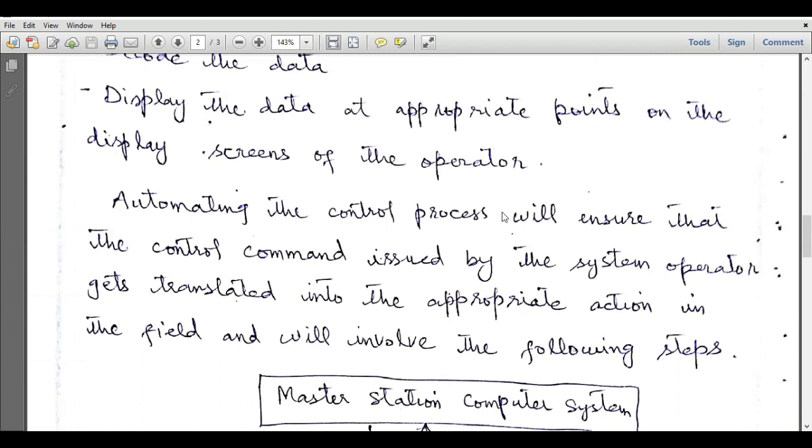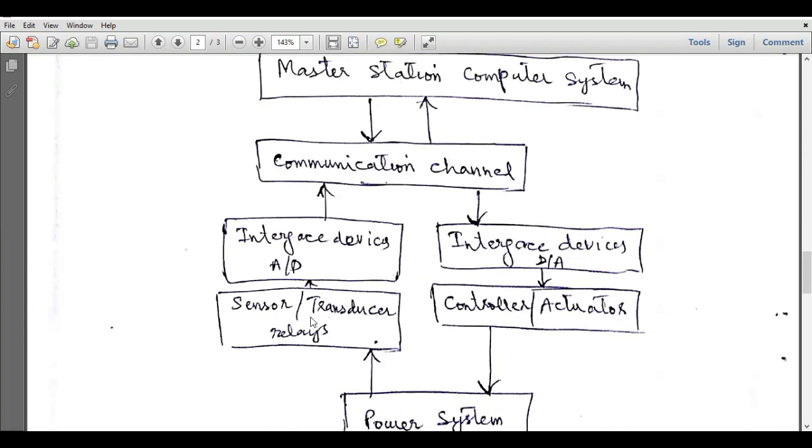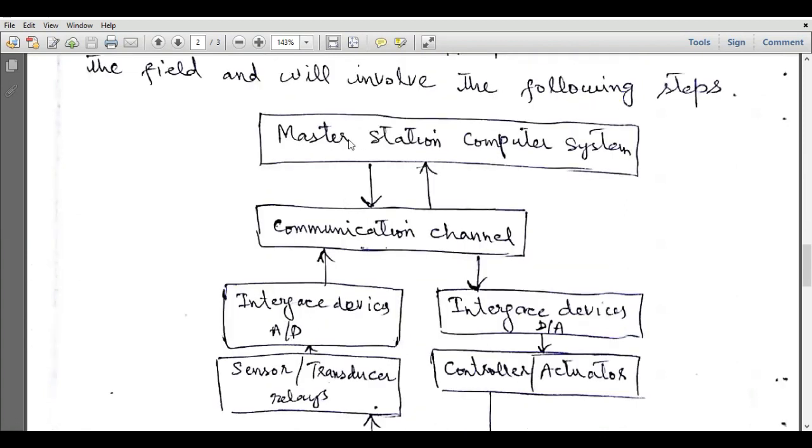Automating the control process will ensure that the control command issued by the system operator gets translated into the appropriate action in the field and will involve the following steps. So these are the steps, and you can see here we have a master station computer system.